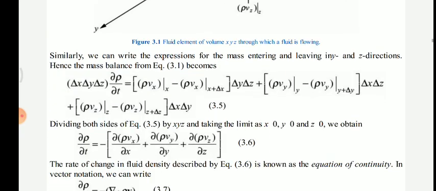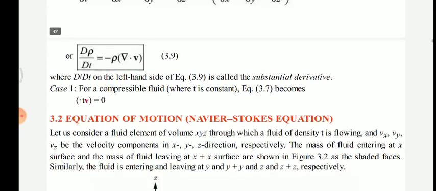At the end of the theorem, we found that for the equation of continuity, d rho by dt is equal to minus rho del dot velocity. This is the substantial derivative equation we derived.